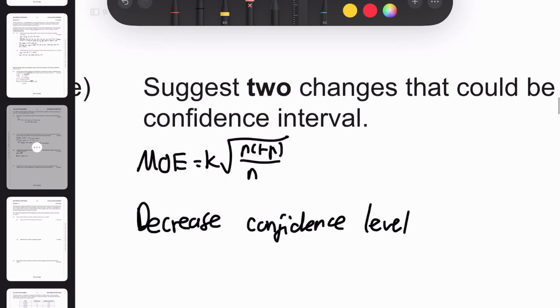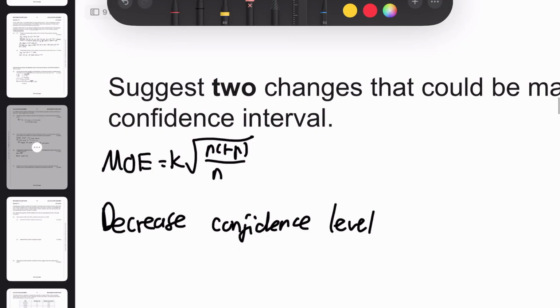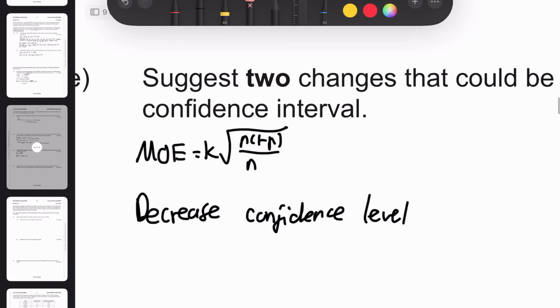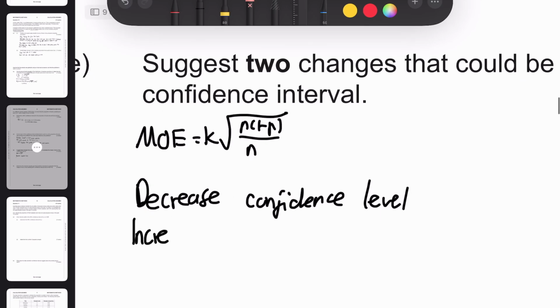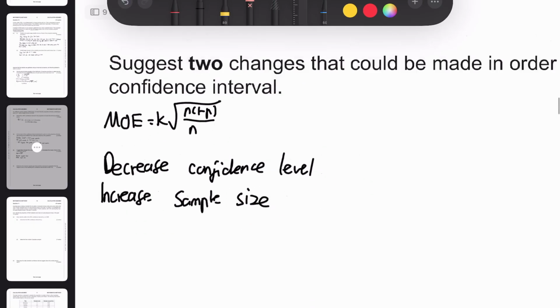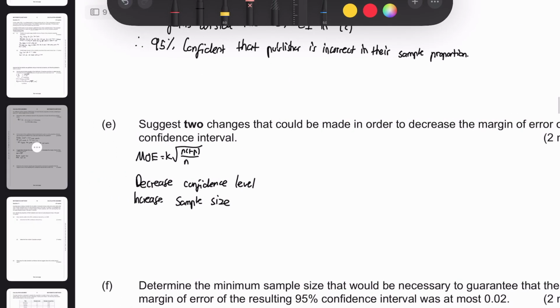When we decrease the confidence level, we are able to contain more values of the sample proportions, so our k will increase. Or we can increase sample size, because as we increase sample size, n will increase, so then our margin of error.